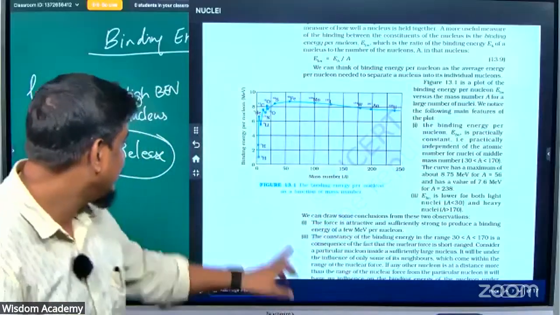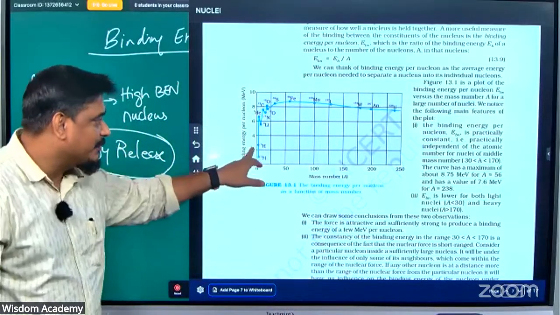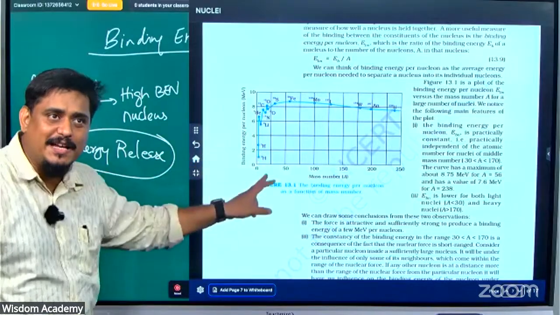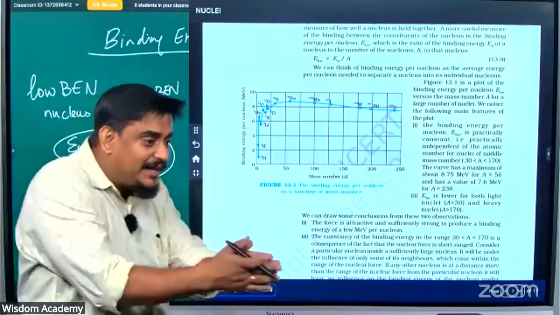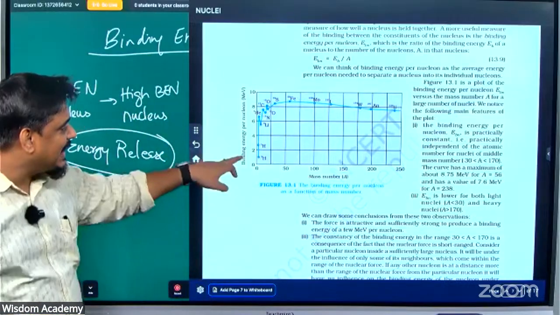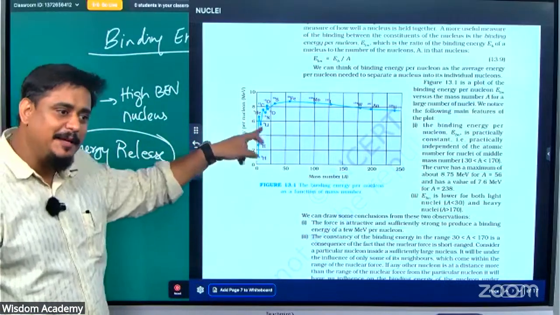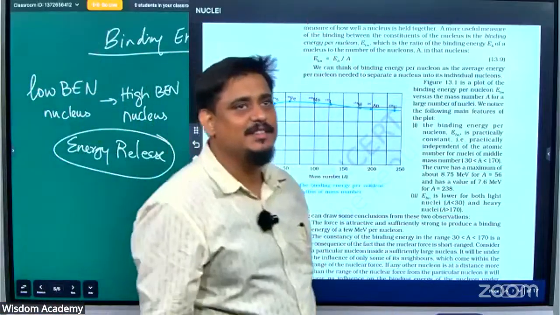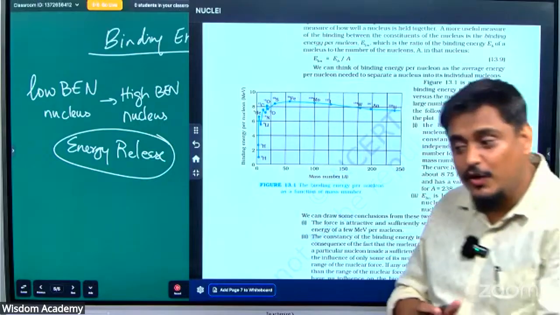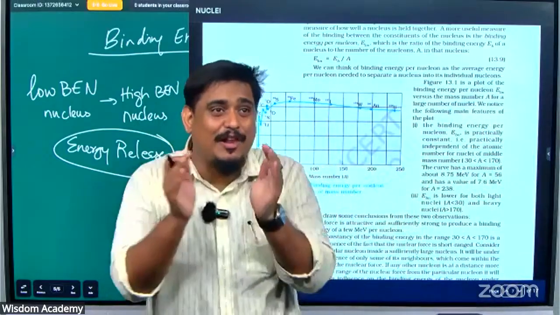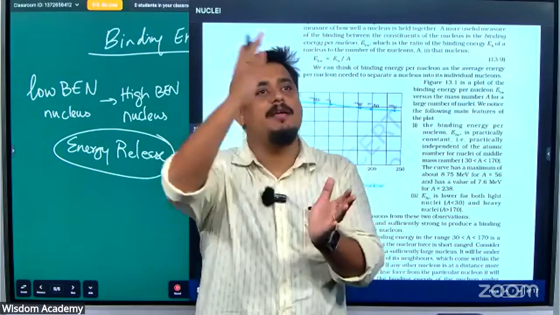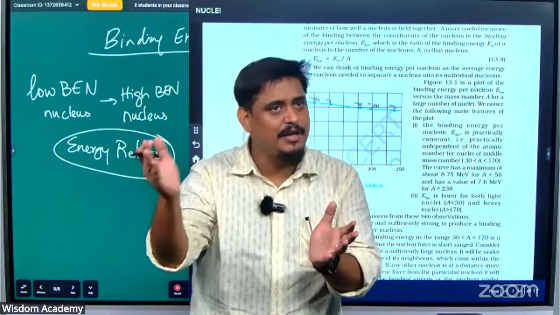Or see here, deuterium, tritium, these kinds of low BEN nuclei, if you are combining to make helium, once again I am converting low BEN to high BEN, I will have release of energy. That is called fusion. So what is fusion? Fusion is combination of light nuclei of low BEN into a high BEN nucleus. We will definitely have energy release.